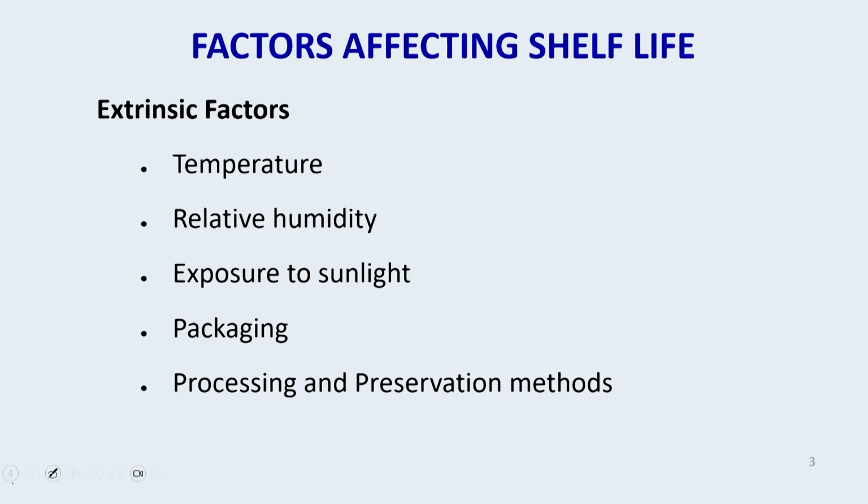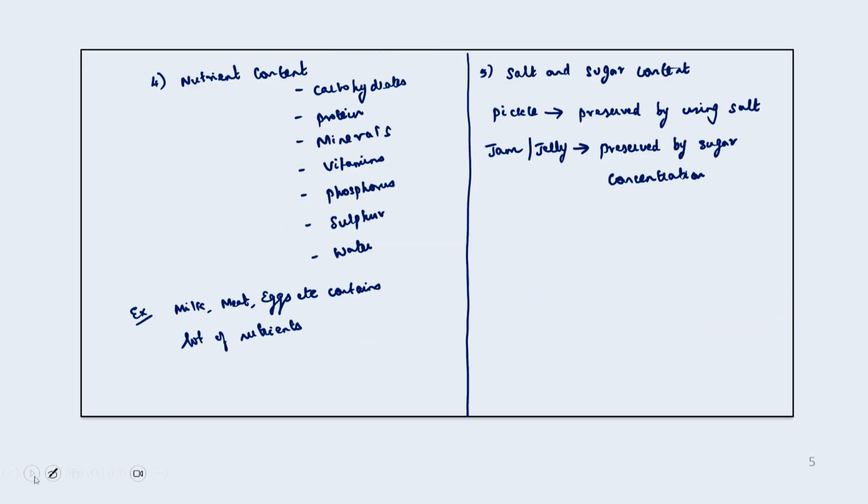The fourth one is packaging. This is the extrinsic factors continued. So the fourth factor is packaging.